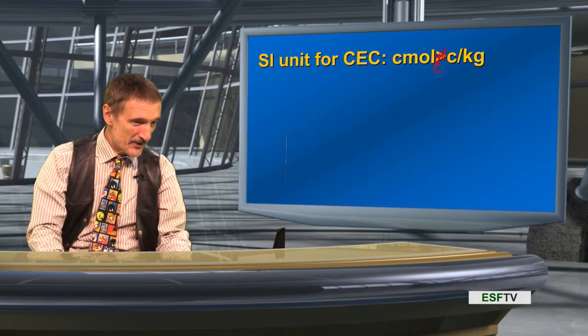Centimoles of charge per kilogram. This C means charge, so this is important in this unit. This C is important, centimoles of charge. So this is the unit. It's not centimoles per kilogram, it's centimoles of charge per kilogram.